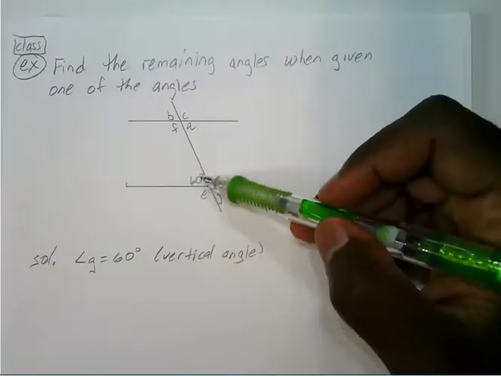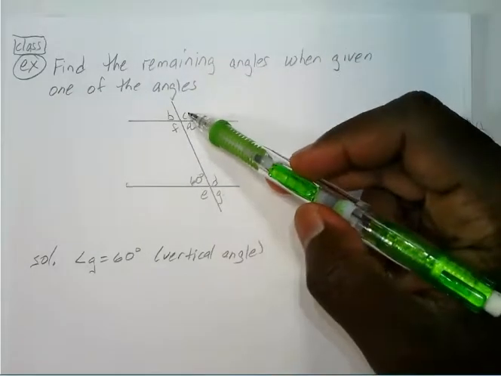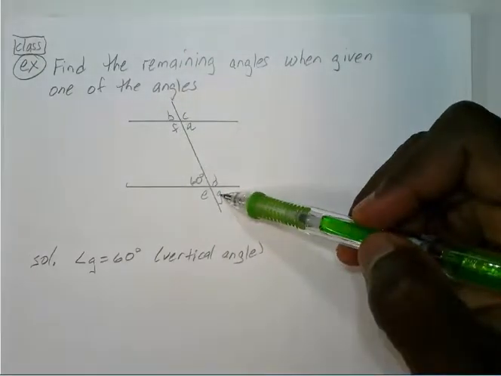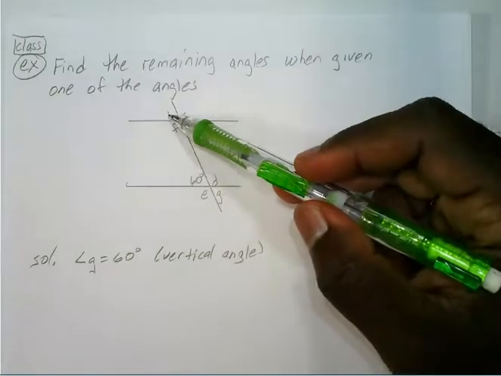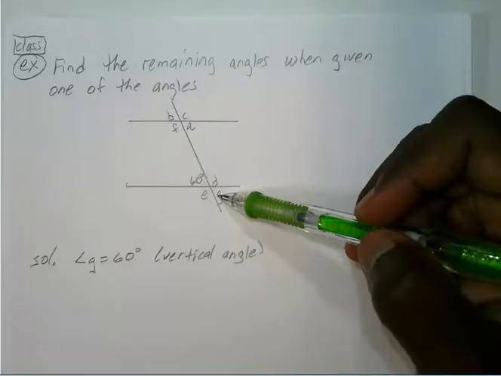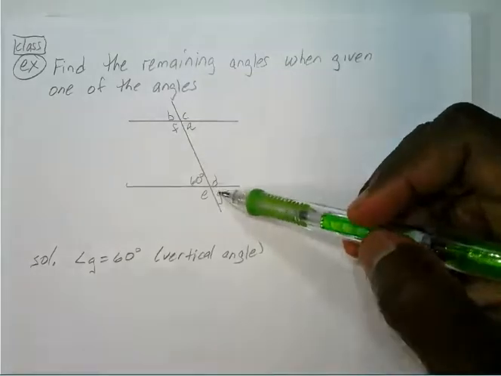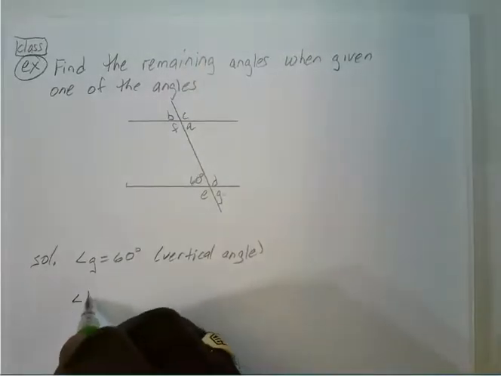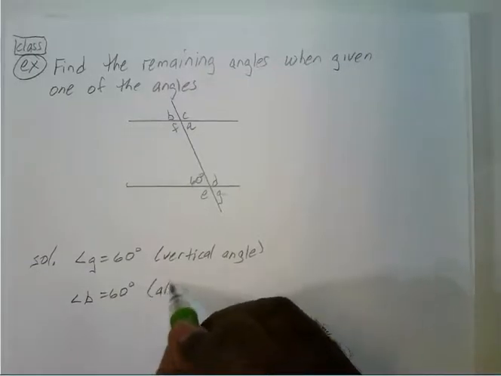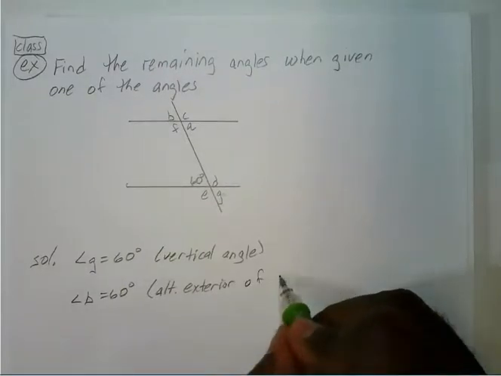Now if you look at angles B and G, we can start there. It doesn't matter which one you start with. Angles B and G are alternate exterior angles. They're on opposite sides of the transversal, and they're both exterior angles. So angle B equals 60 degrees, and we know that because it's alternate exterior of angle G.